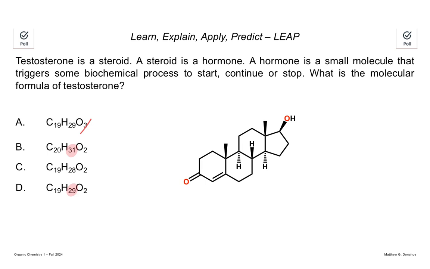So one of the subtle hints here is that, because you do not have halogen or nitrogen, the hydrogen count must be even. So C is the correct answer. But you could go through, count the carbons, count the hydrogens, count the oxygens, and you'll end up with C.